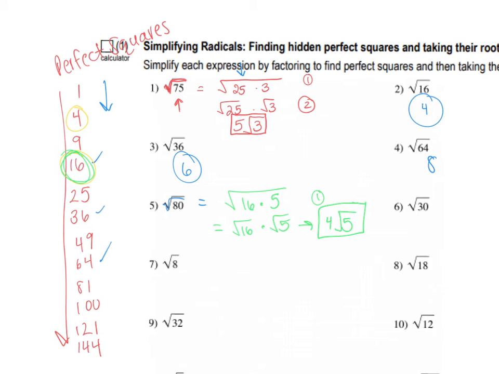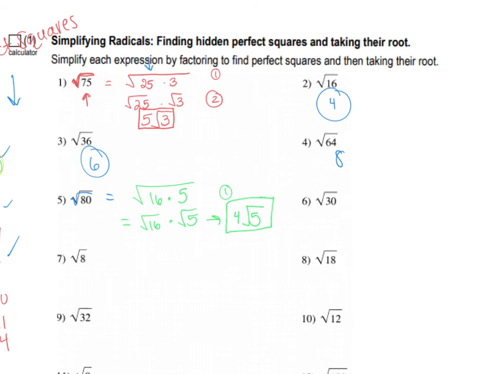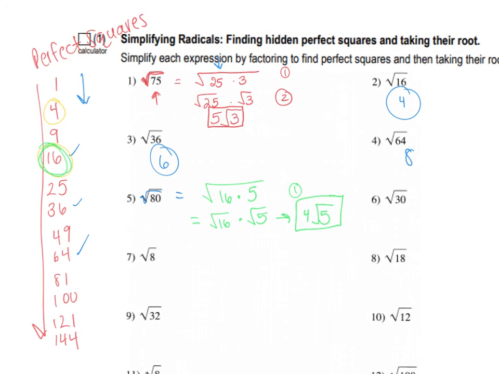Okay? Then I'm going to go ahead and look at number 6. So I'm looking at 30, okay? Now, in my head, I know that factors of 30 are 1 and 30, but I'm going to look at my perfect squares and say 30 is not a perfect square. Now, you do have 1, but I really don't want you to focus on the number 1 because the square root of 1 is just 1, so it's really not going to make that big of a difference, okay? I also know that factors of 30 are 2 and 15, but I could see that those are not perfect squares.